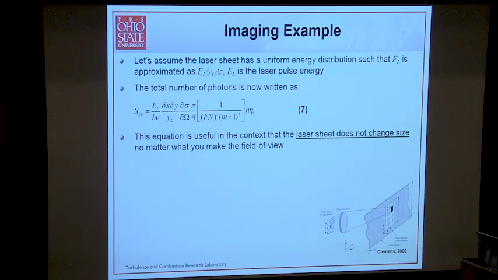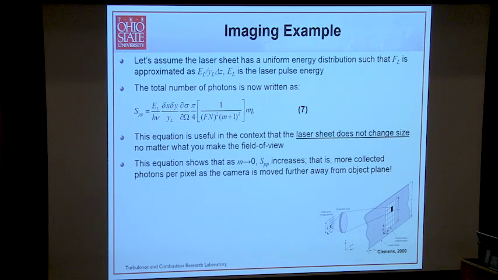As I move my camera back and get a different magnification, it's now covering only a portion of those pixels. Your laser sheet does not change physical size. When you do this, this equation shows that as the magnification heads towards zero, the photons per pixel, your signal, increases. That is, you collect more photons per pixel as you move the camera further away from the object plane.